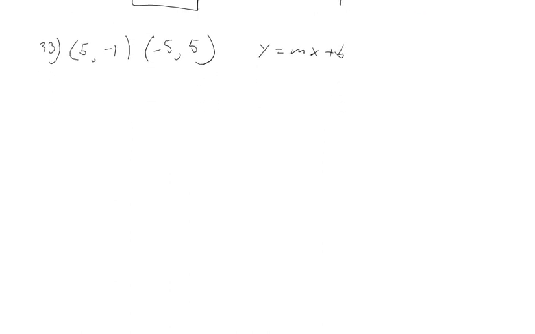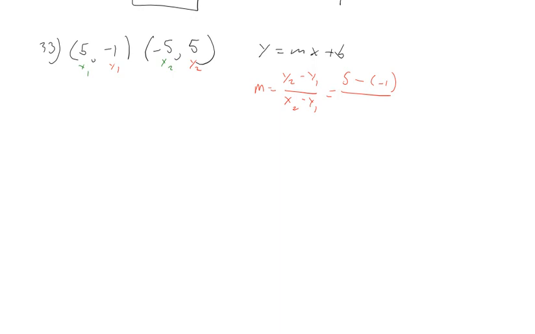First thing I need is my slope. So my slope is m. Let's find that first: y2 minus y1 over x2 minus x1. Here's my y2 and here's y1, and I'll do the x's in green, x2 and x1. So my y is 5 minus negative 1 over negative 5 minus 5.